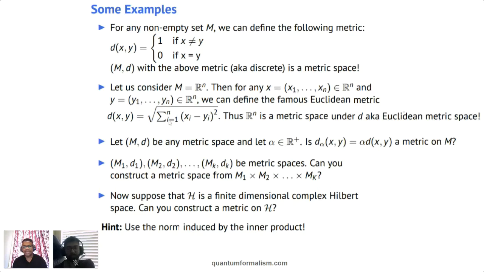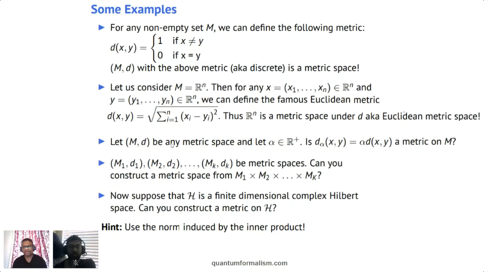And the claim is that this makes Rn into a metric space. This is indeed called the Euclidean metric space, or the Euclidean space. Even if you didn't know it's called the Euclidean metric space, you're already used to it. You were already using it. Another thing is, obviously, when you have a metric space, you can construct.